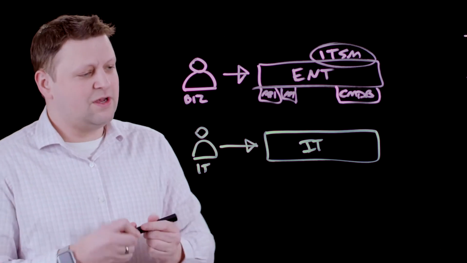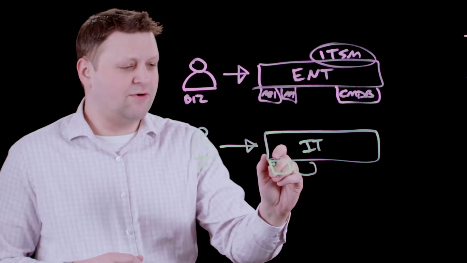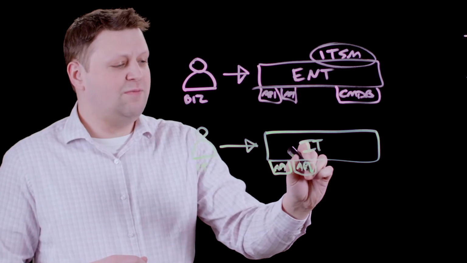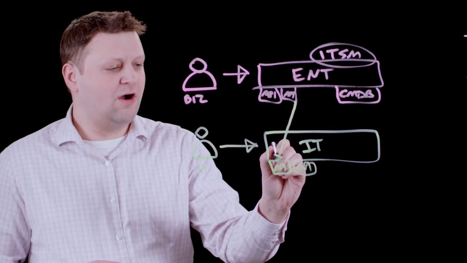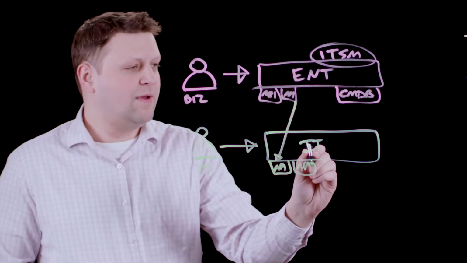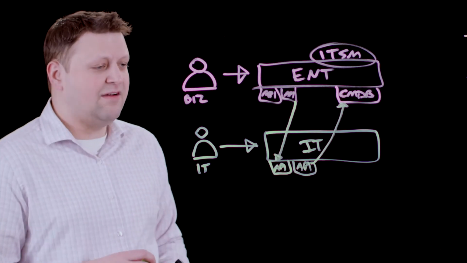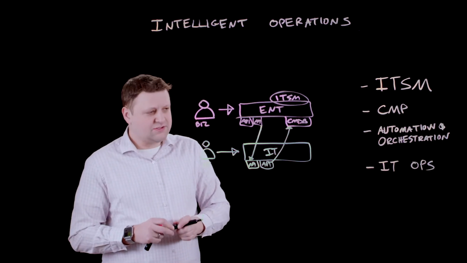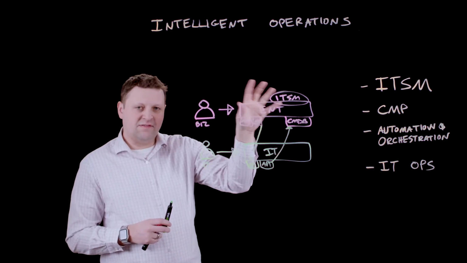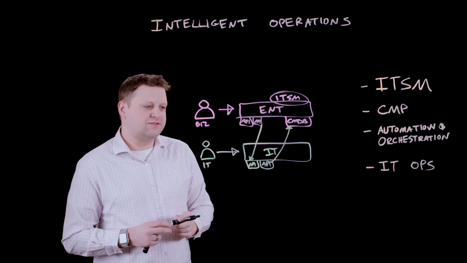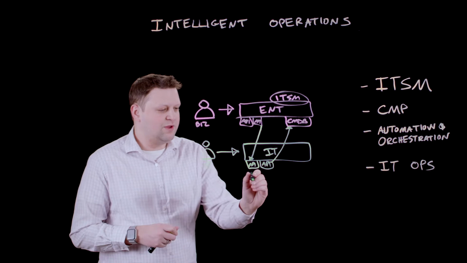Now, in order for there to be some sort of communication back and forth, hopefully our IT automation platform is going to have enough intelligent APIs that we can actually work together and have callouts from our enterprise platform and then back into our CMDB from the IT service automation platform. But there's more to it than this. If this is the hub of automation, and this is sort of like the front face of where we actually go and request things from IT, this hub of automation isn't the thing that's actually doing the things.